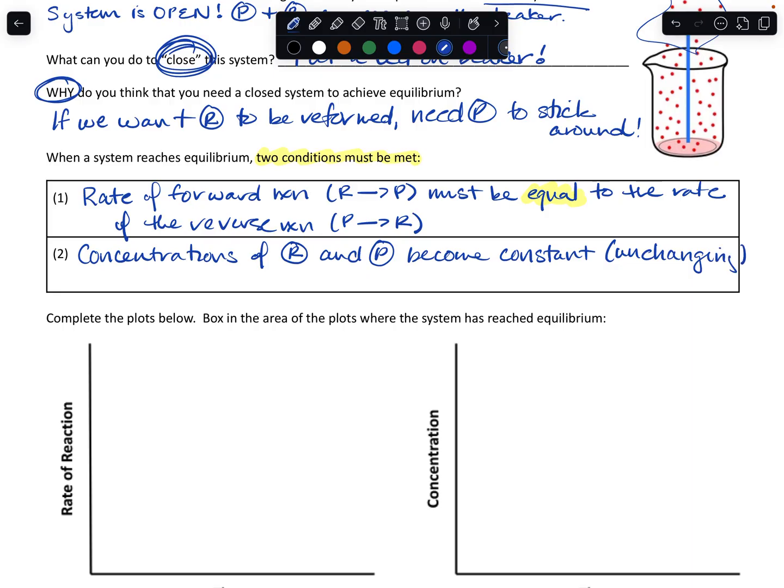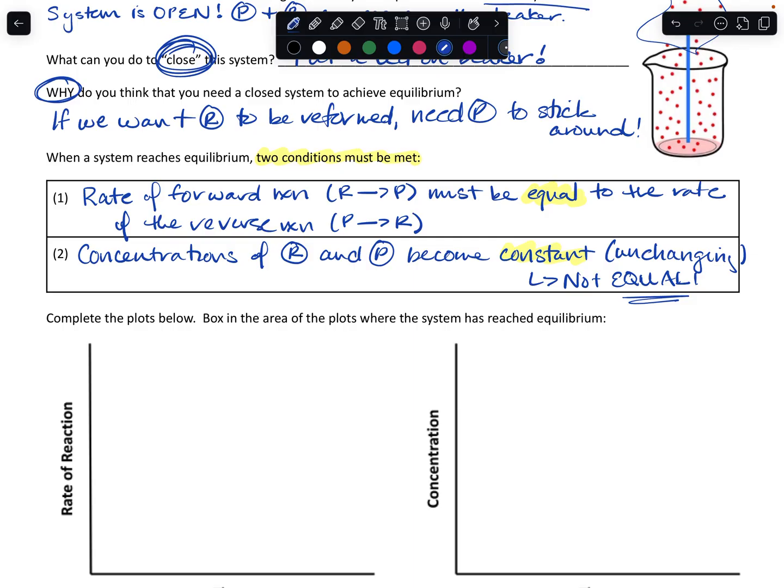Now the important word for this second part is constant. That doesn't mean that the amount of reactants and products have to equal each other. All it means is that they can't change anymore. They must be constant, so not equal. Now, sometimes they could be equal. I mean, there's no reason why that can't happen, but it's not a requirement. They just need to remain constant.